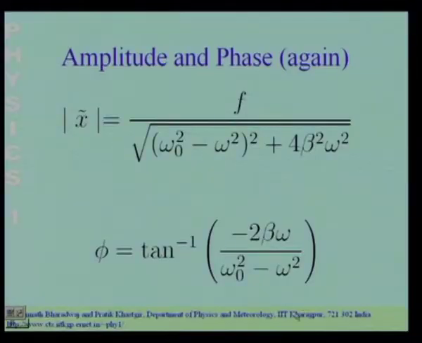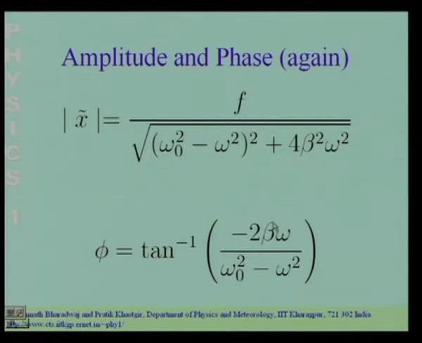So, now if you vary the force very slowly, the extension of the spring will precisely follow the nature of the force. If the force acts in this direction, the spring will be compressed. If it is acting in this direction, the spring will be pulled, and the motion exactly follows the force. This is what happens when you have a very slowly time varying force. So, this is what you get when you take the limit of omega going to 0, the phase is 0.